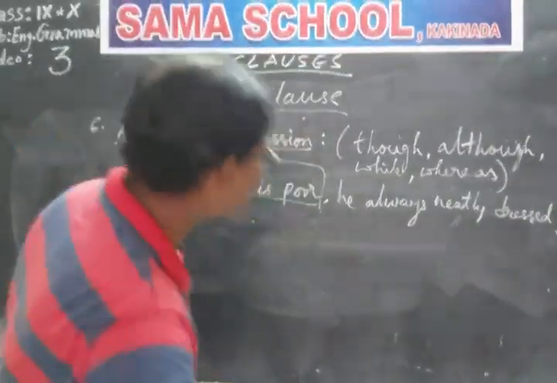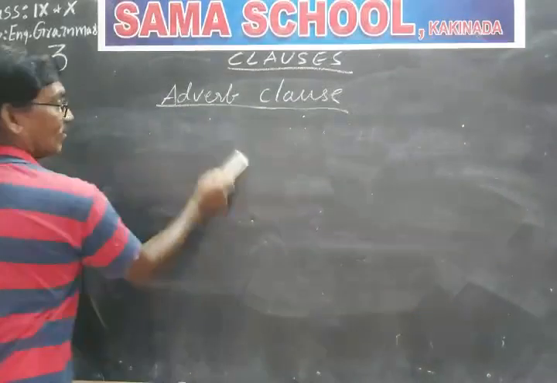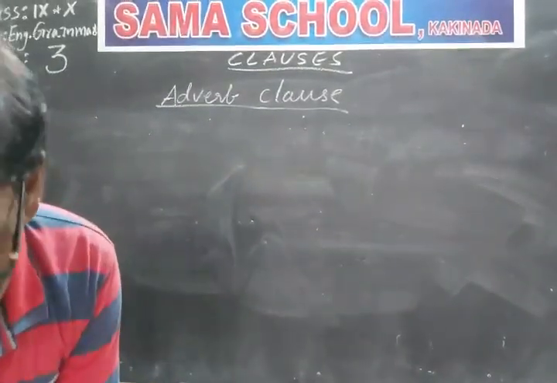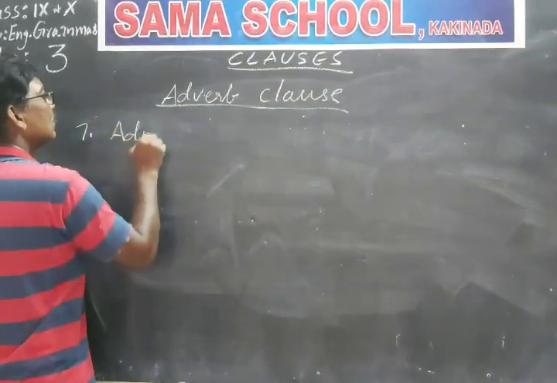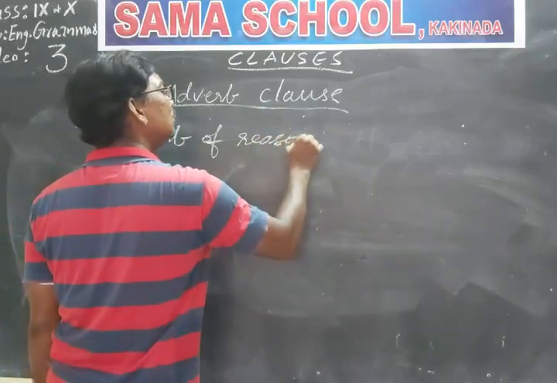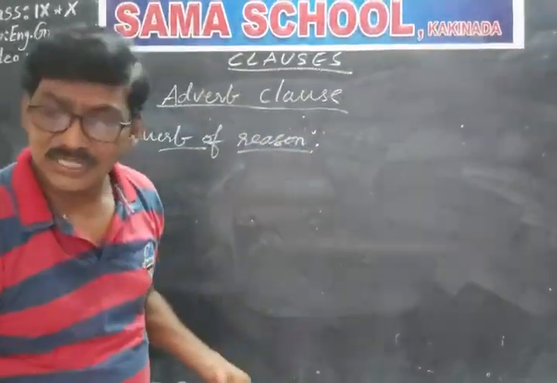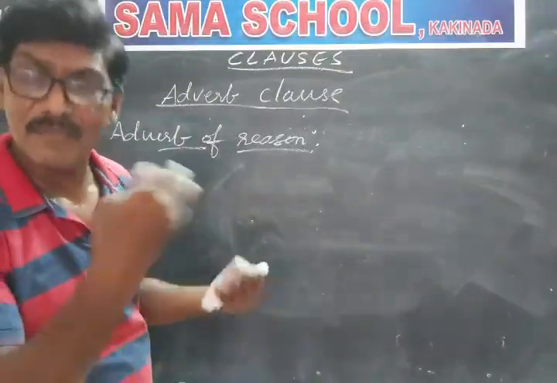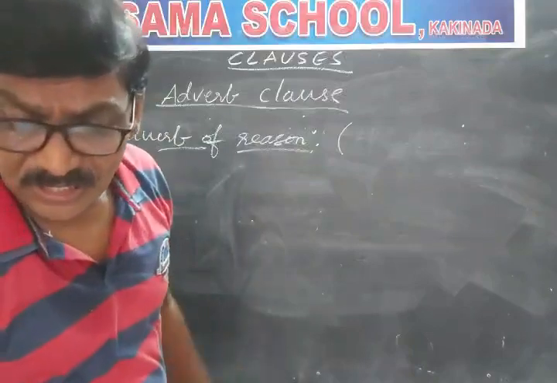Okay, and the last, 7th one, is adverb of reason. Very simple. Reason, it states the reason. This clause states the reason for the main idea. And what is the subordinate conjunction with which it starts?